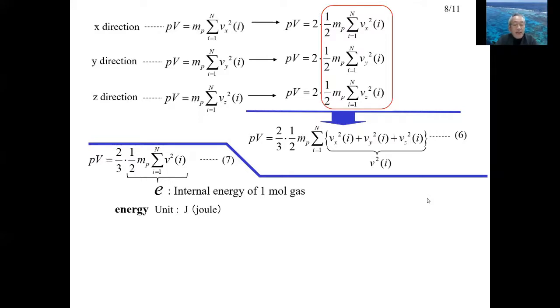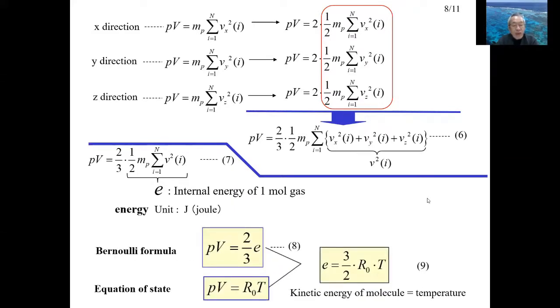Since N is Avogadro's number, E is the 1 mole internal energy. Unit is joule. Equation 7 is rewritten in equation 8 using the internal energy E. Equation 8 is called the Bernoulli formula.